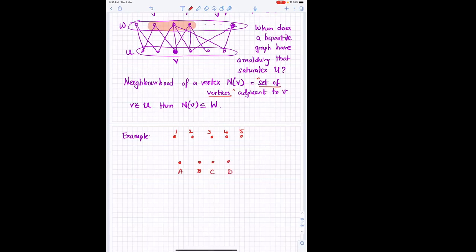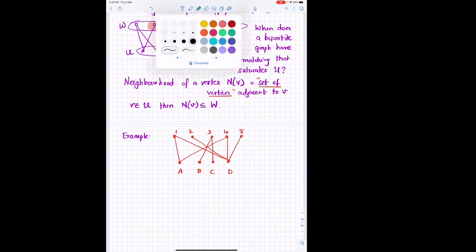So these are two partitions. Does this graph have a matching that saturates U?